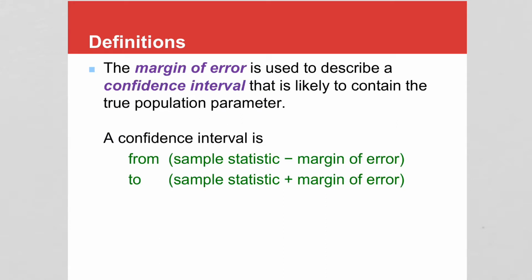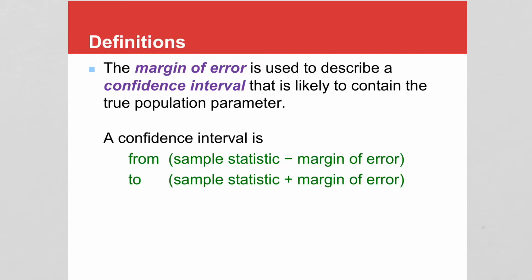Okay, just one more thing here, I think. The margin of error is used to describe a confidence interval, which we'll talk about more later on, that is likely to contain the true population parameter. What does this mean? So a confidence interval is like saying I'm 95% confident that somewhere between 40 and 45% of the voters will vote for Smith.